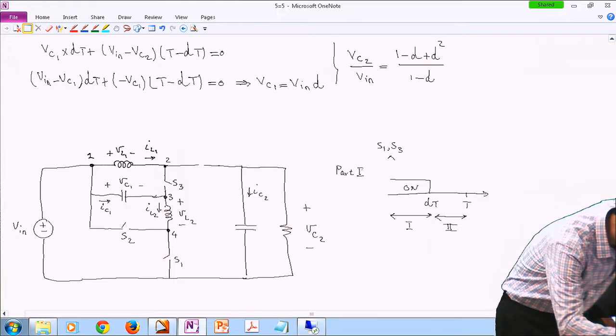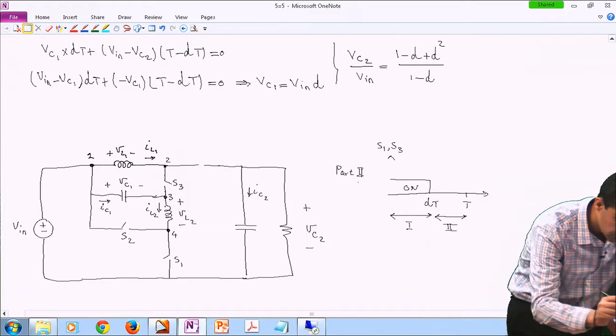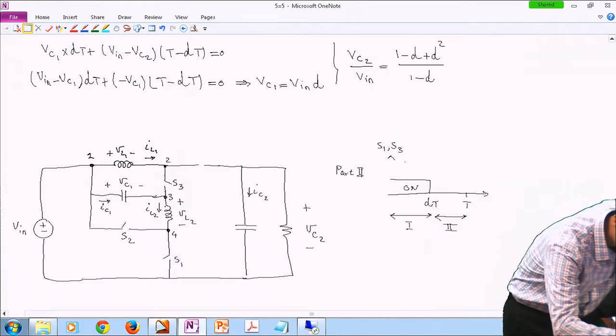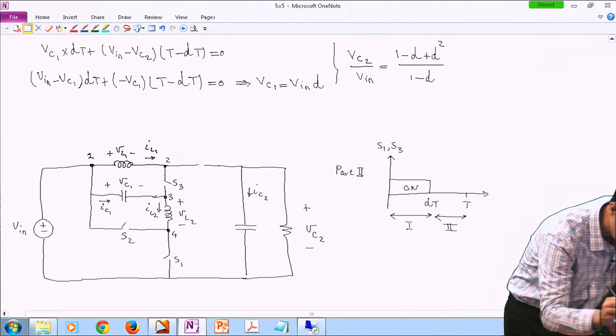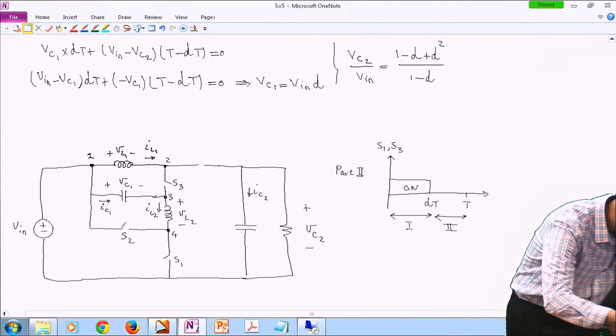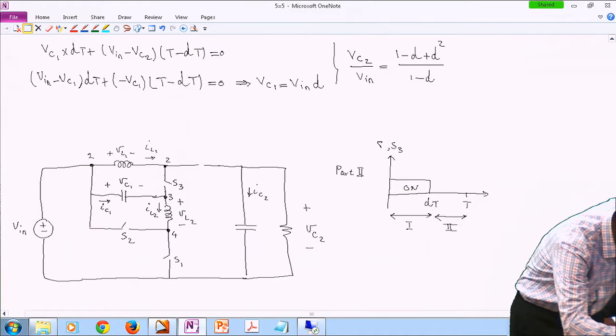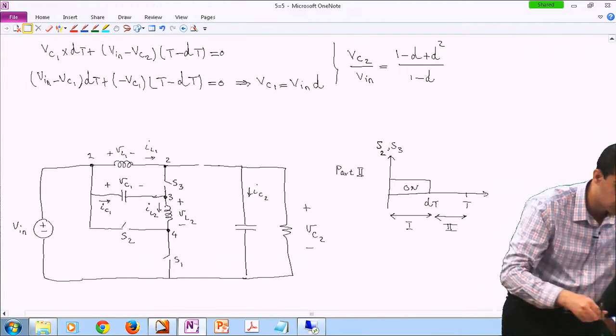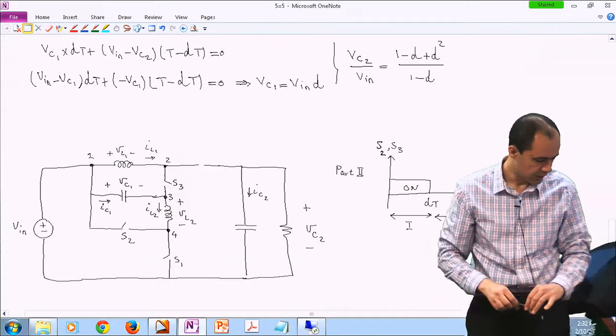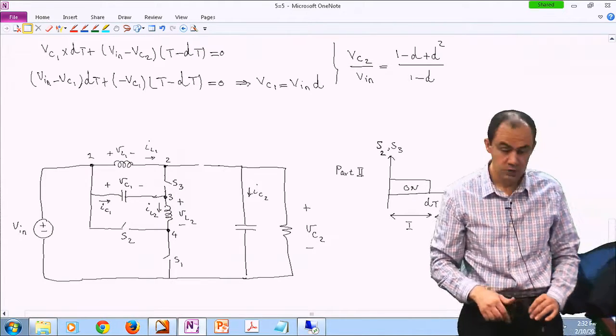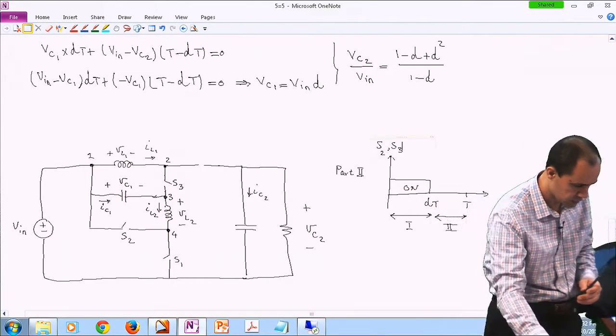And this is part 2 or segment 2. This time we are applying the active gates to S2 and S3. So this is part 2, or case scenario number 2.